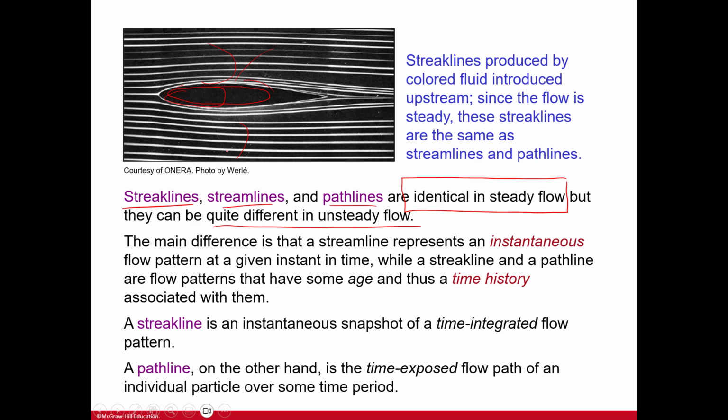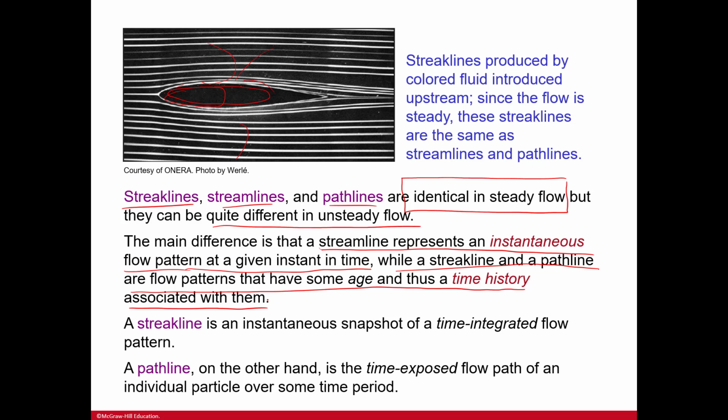Okay, and so here the main difference is that a streamline, we've talked about this, represents an instantaneous flow pattern at a given instant in time, while streak lines and pathlines are flow patterns that have some age and thus a time history associated with them. So you need to have something over time. You need to have motion, right?